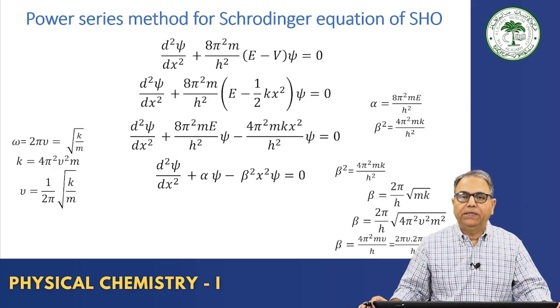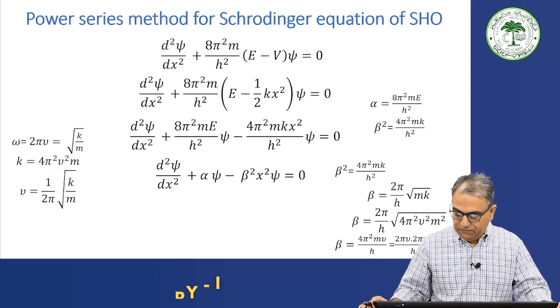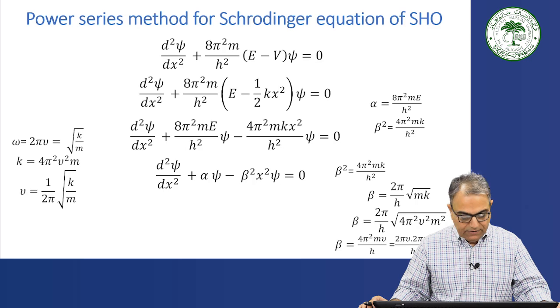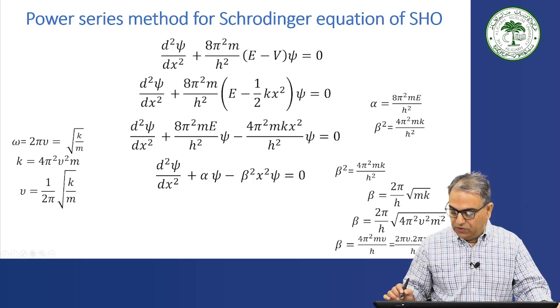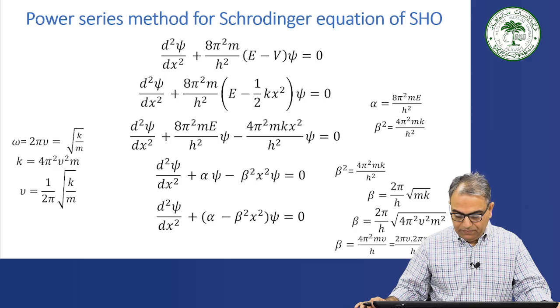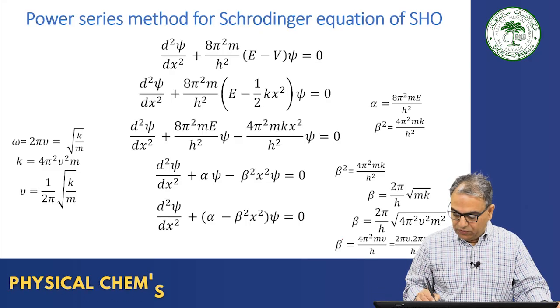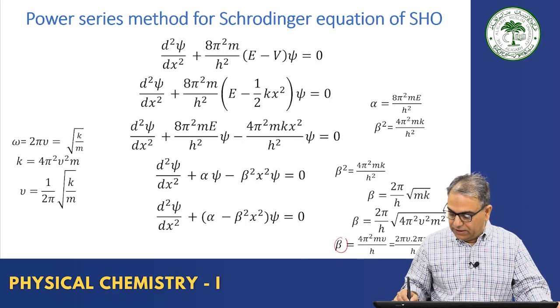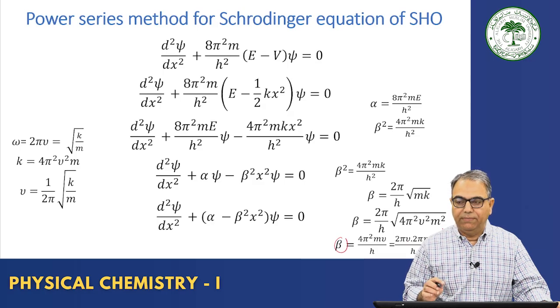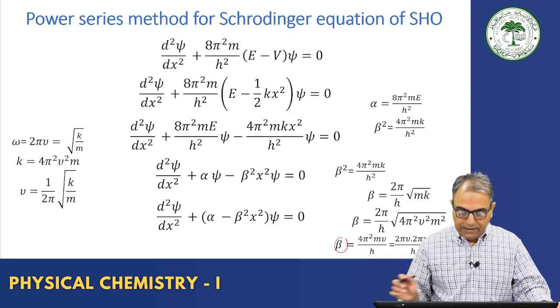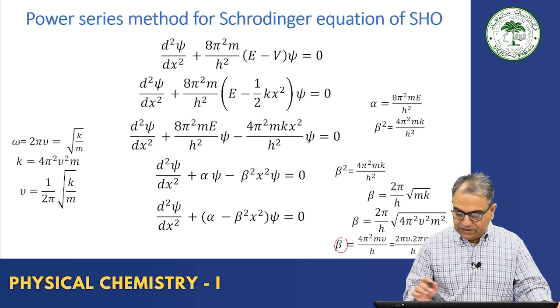So beta is equal to 2 pi by h root under m k, and then beta becomes equal to 2 pi divided by h root under 4 pi square nu square m square, and this becomes equal to m omega by h. So these calculations are meant to tell you that beta becomes equal to m omega by h cross. This you have to remember, nothing else. And the equation becomes d square psi by dx square plus alpha psi minus beta square x square psi.